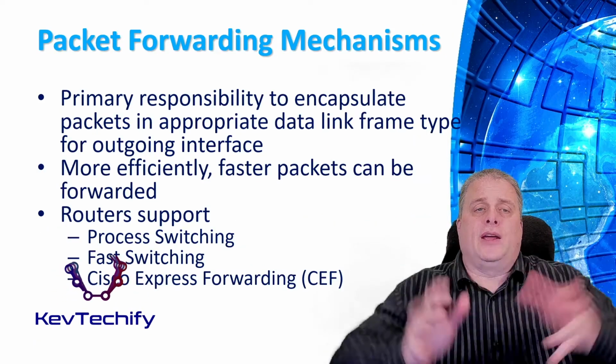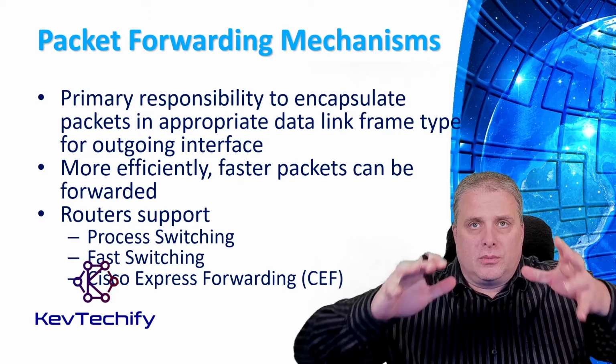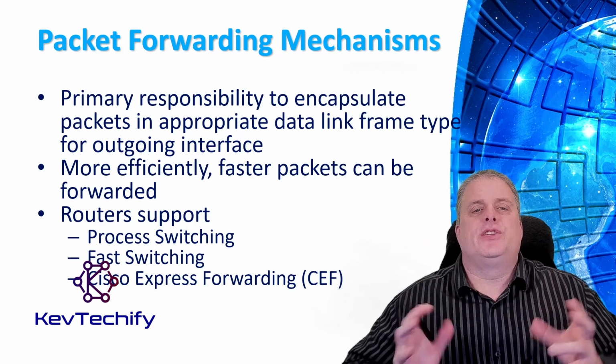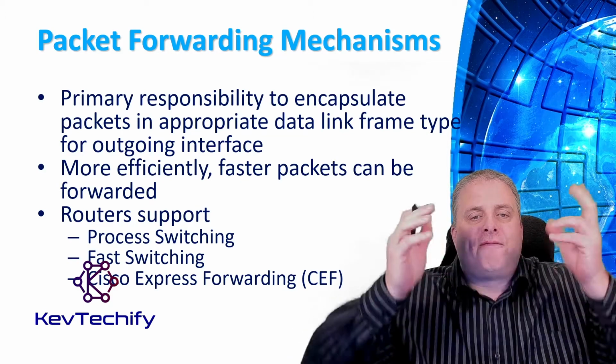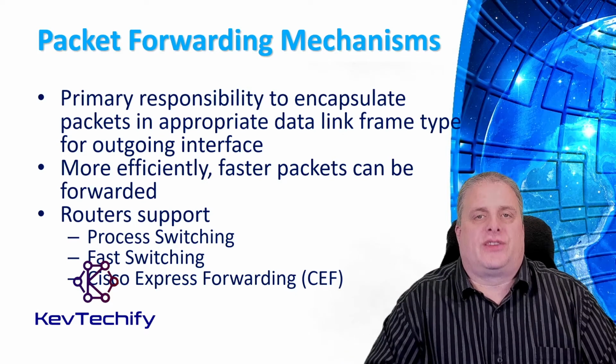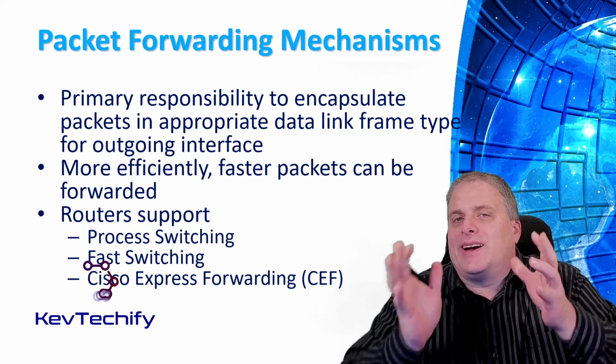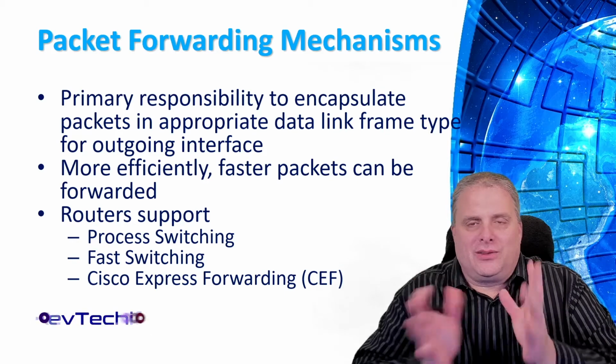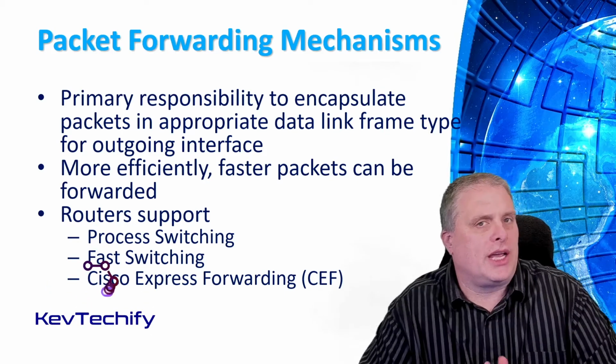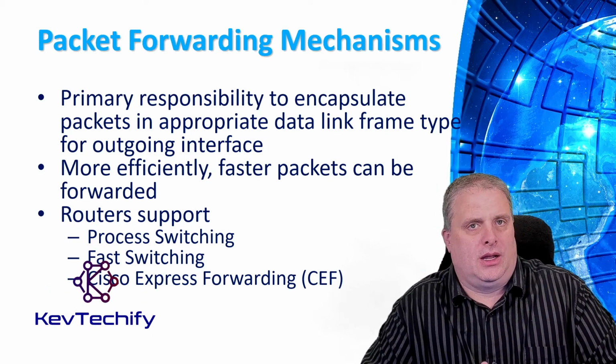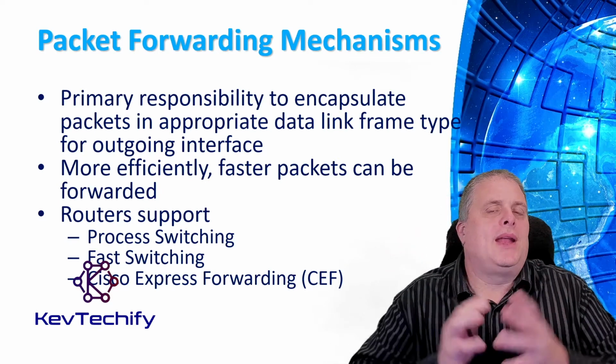Looking at the different packet forwarding mechanisms, the more efficient the mechanism is at forwarding the packets, the faster those packets can reach their destination. It may sound funny to say you're going to save a couple milliseconds on forwarding those packets, and on a small network it may not make a big difference.